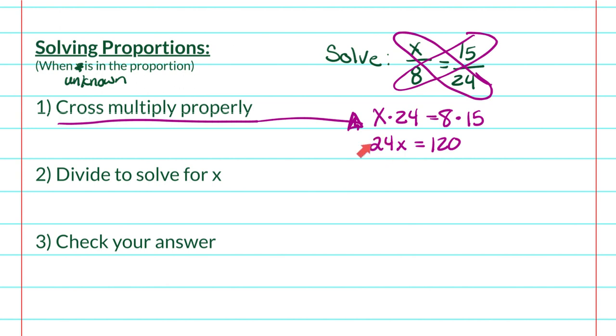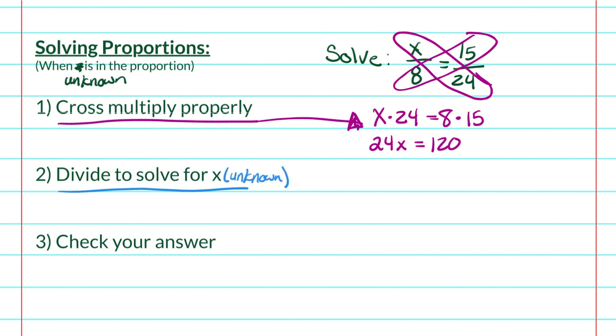So I need to get 24 away from x, and 24x is the same as saying 24 times x. Because there's that little invisible multiplication symbol in there, that's part of the invisible math. I don't have to write it. So we need to divide to solve for x, or here you could put unknown.